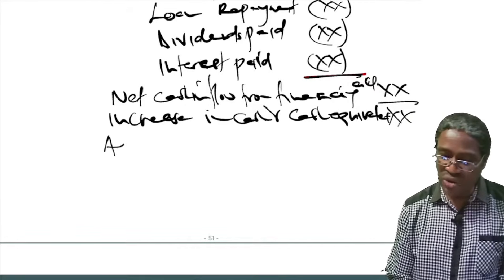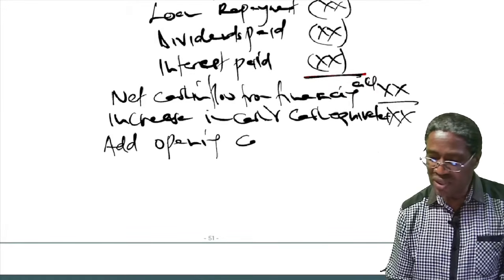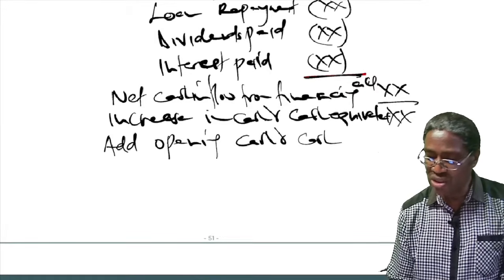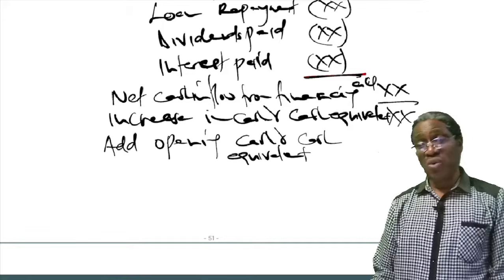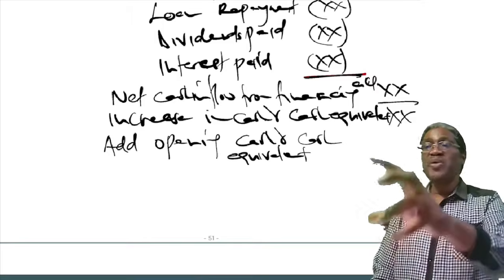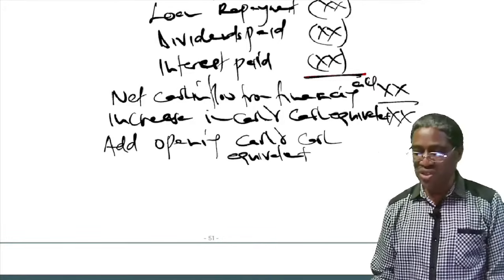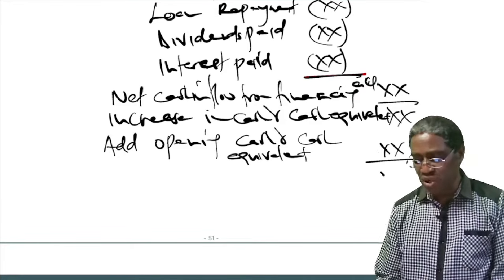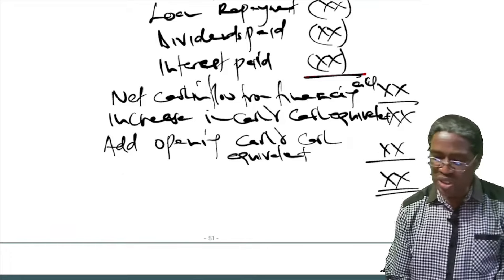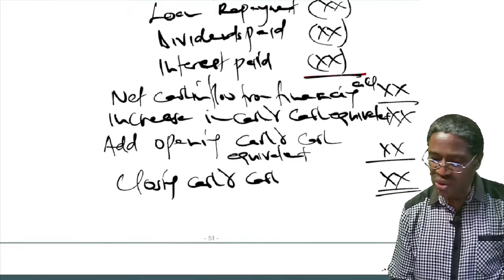Then I said you now come and add what you are calling opening cash and cash equivalent, where I told you, you will go and pick it from the balance sheet last year that the examiner will give you. Then what you get down here should be what we are calling closing cash and cash equivalent.